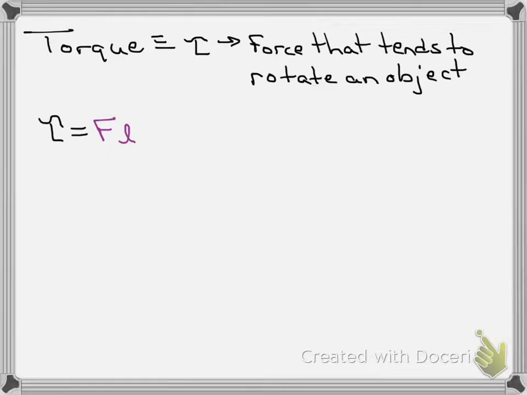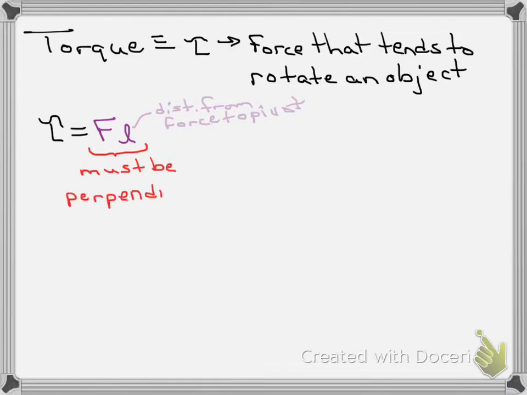So torque, mathematically speaking, is a force times a distance, or a length L. Previously we looked at a force times a distance when we looked at work. But when we did work, that force and that distance had to be along the same line. They had to be parallel. In this case, the distance and the force must be perpendicular to one another.